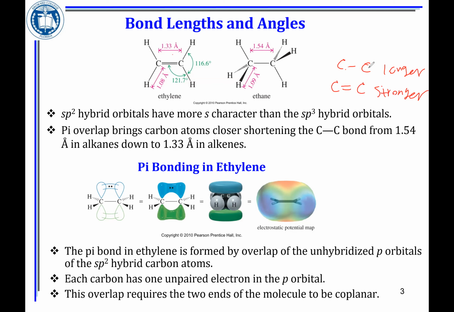A single bond is just one sigma, a double bond is one sigma and one pi bond, and this combination is a stronger bond compared to a CC single bond. The CC single bond, however, has a longer bond length, but the shorter the bond length, the stronger the bond is going to be.